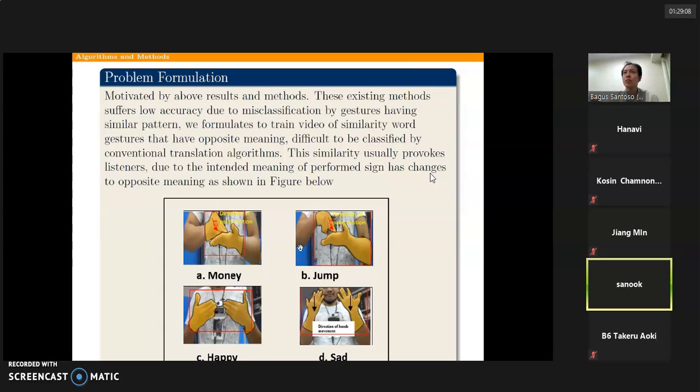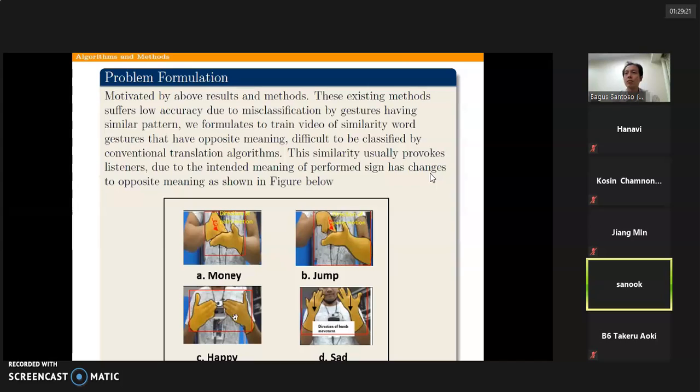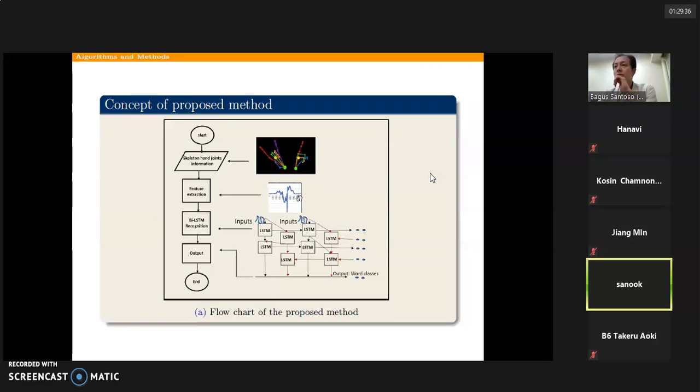Sometimes this makes the listener feel offended, because the signer is trying to say this is money, but he will just see the translation as a jump. In the second frame, we can see that the signer is trying to sign the word happy, but the classification algorithm misclassified the word as sad. So these problems need urgent and special intervention, so that we can allow the deaf to participate in our real world environment.